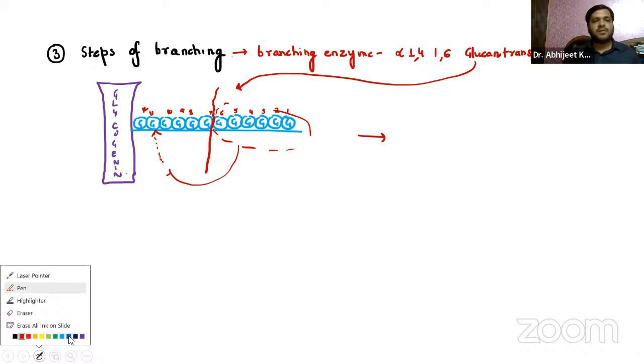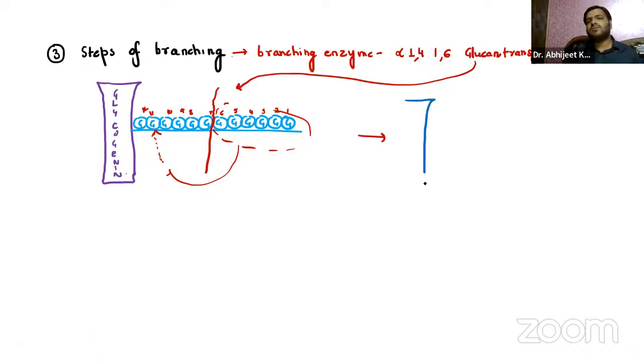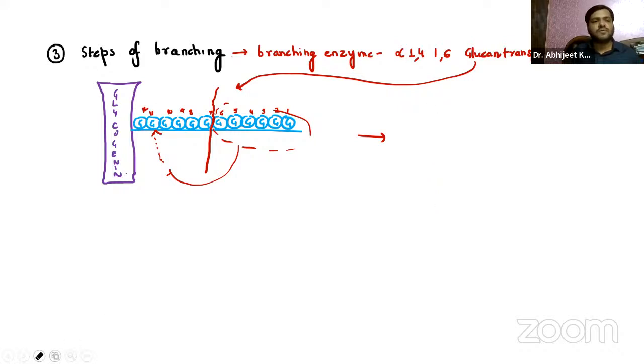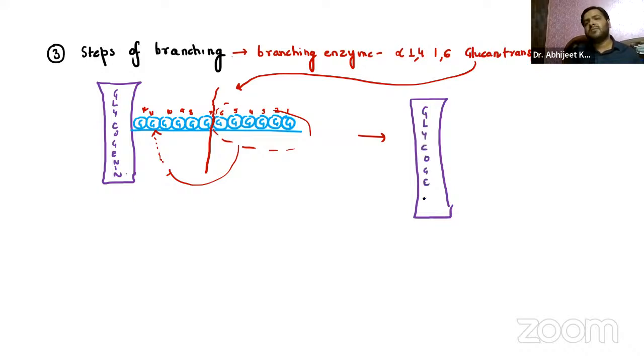Let me draw with the same color so that you don't get confused. You already know we have this glycogenin, and to this glycogenin we have this. Now, what will happen to the second carbon? 1, 2, 3, 4, 5, 6.